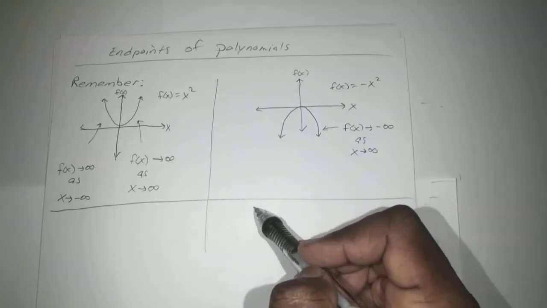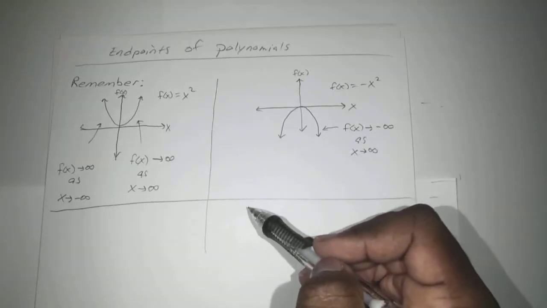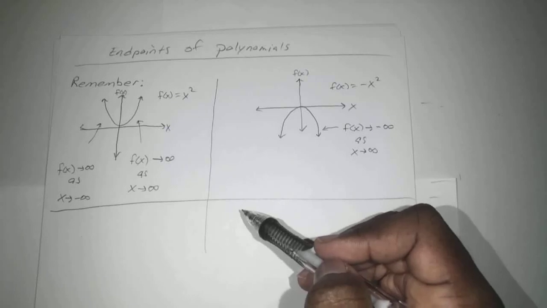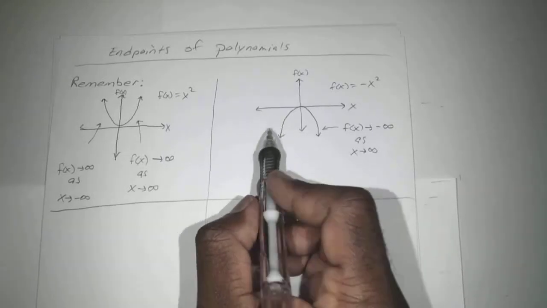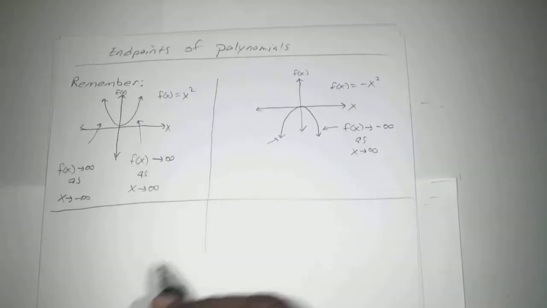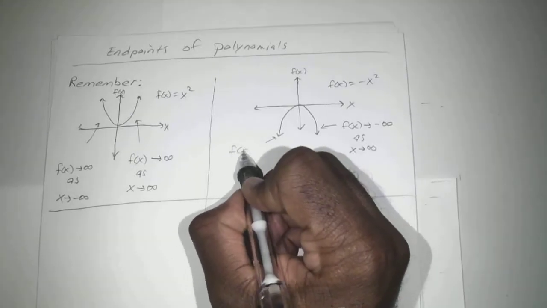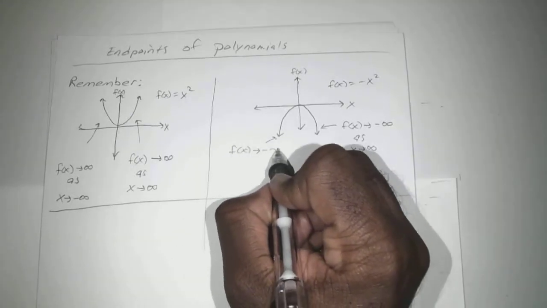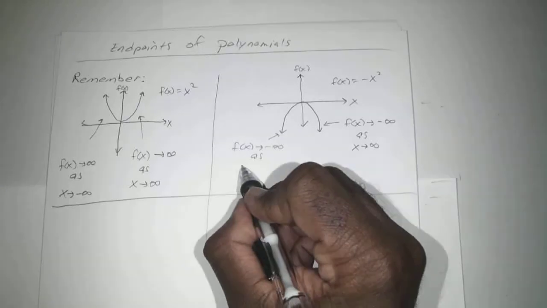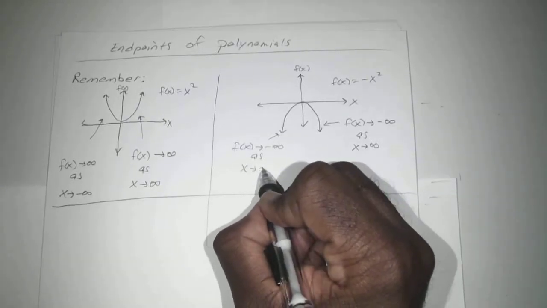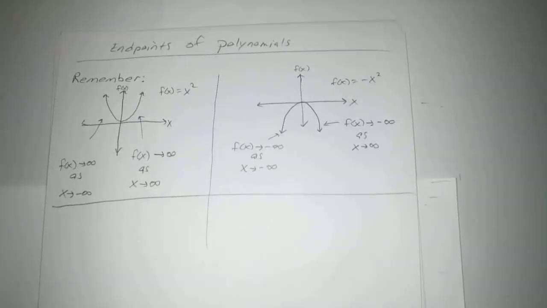It's going further and further down. So the further left it goes, the further towards negative infinity it goes. So for this side, or this endpoint, your f of x approaches negative infinity as x approaches negative infinity. Does that make sense? No.